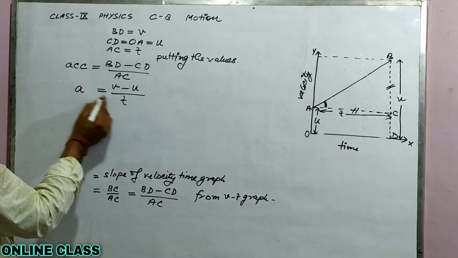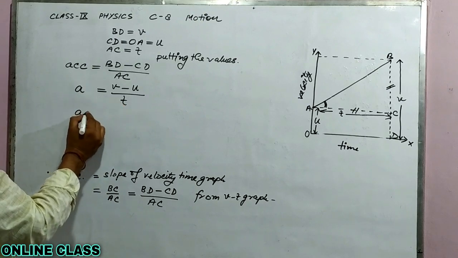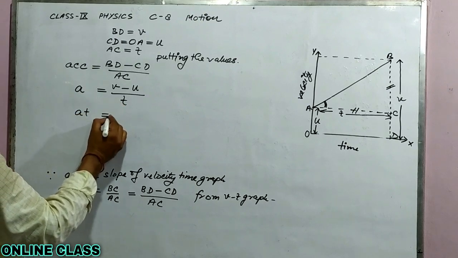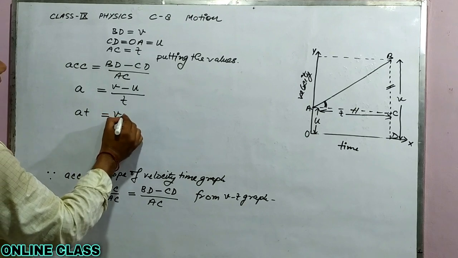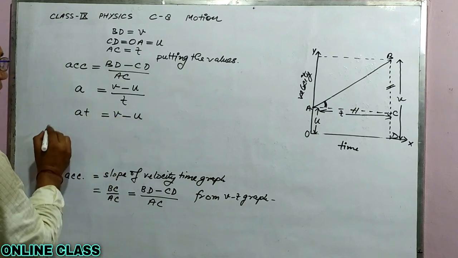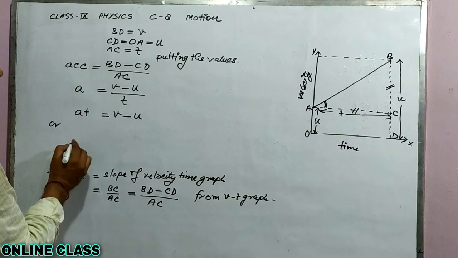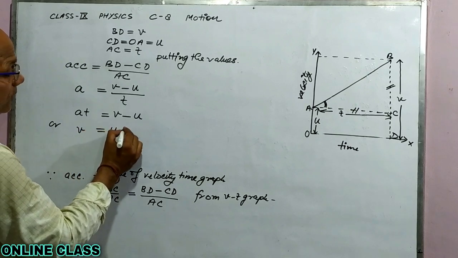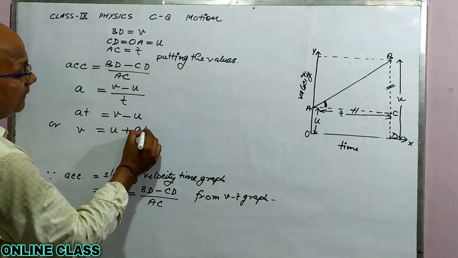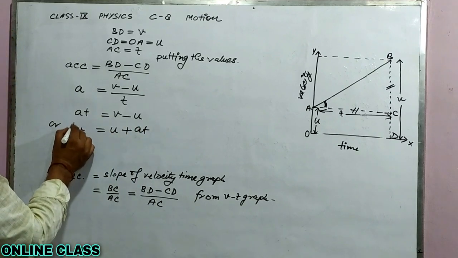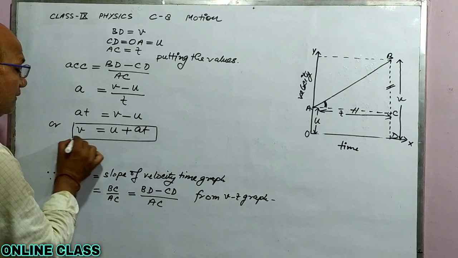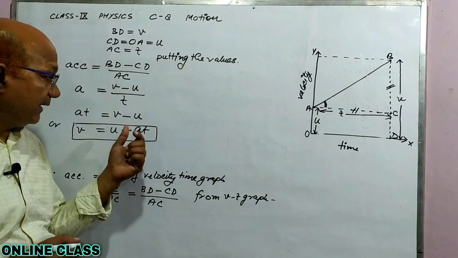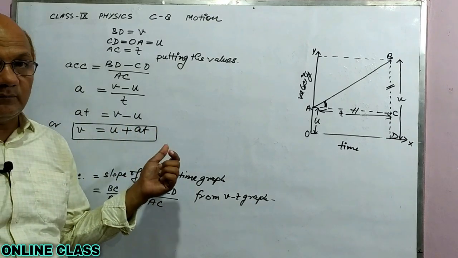Now you can cross multiply: at equal to v minus u, or you can write v equal to u plus at. This is our required expression, and this is first equation of motion.